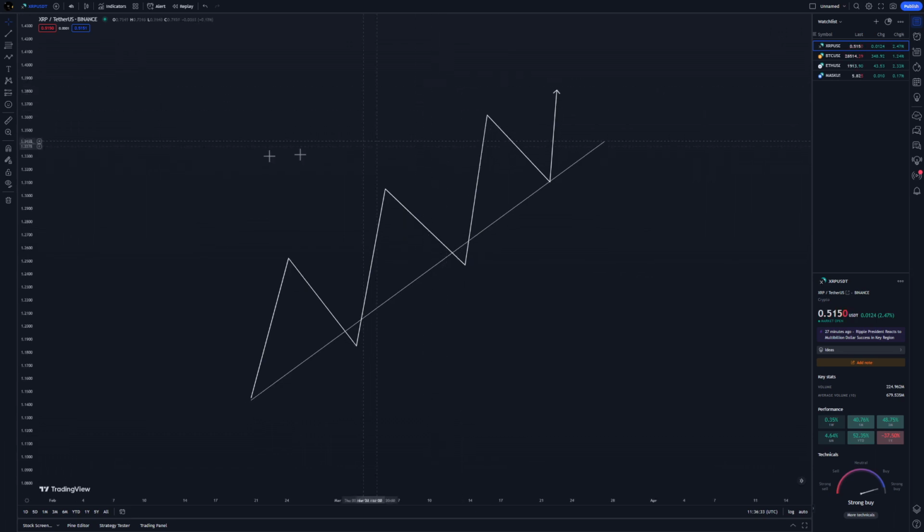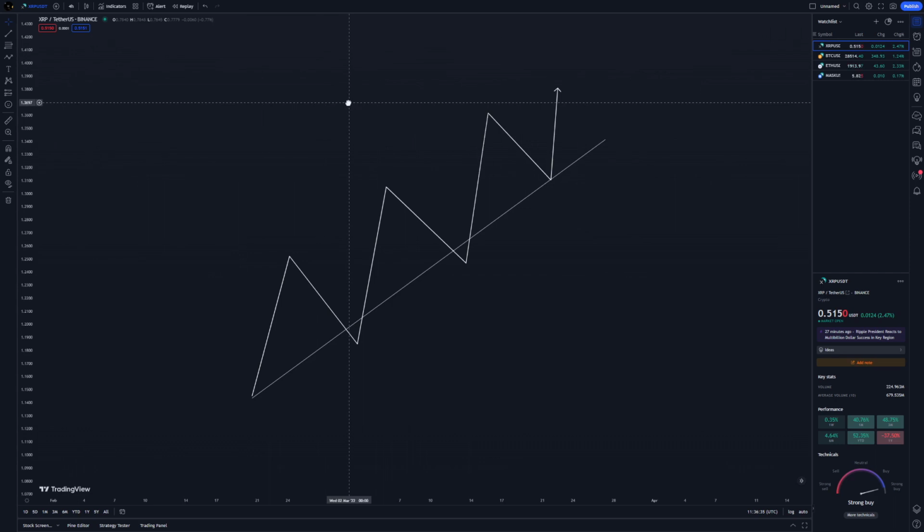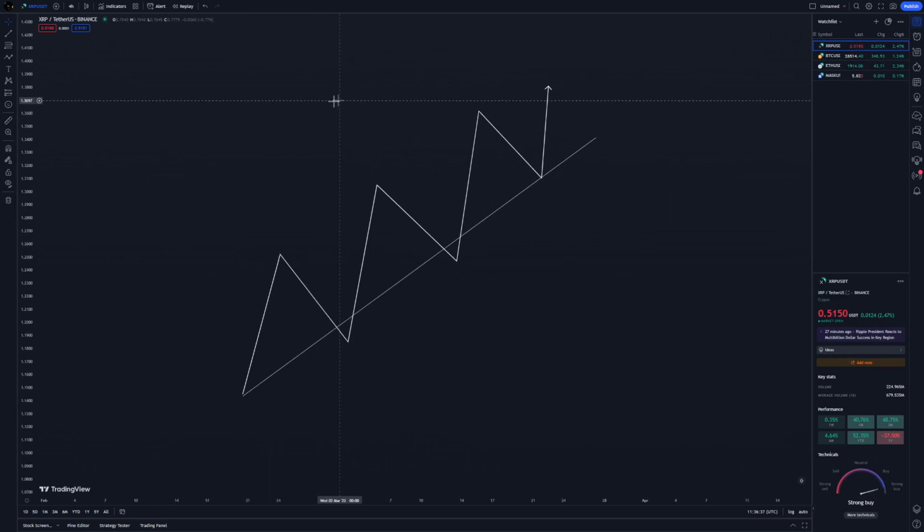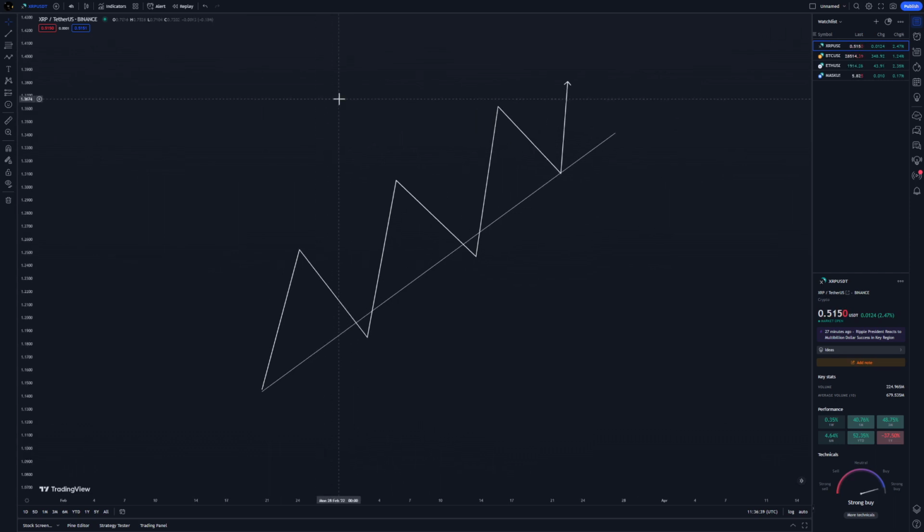So what are trend lines? I've drawn a very simple trend line here. Basically, a trend line is a level, it's in the name, right? It's a line where every time price touches it, it reacts to it and it follows the trend.